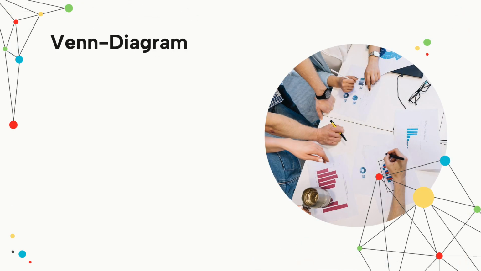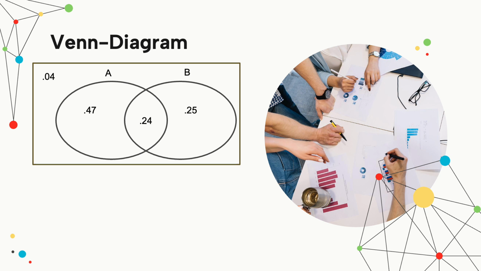This first example is from a Venn diagram. Say we were given these values: the probability of A only, both, B only, and then there's neither. Our question would be the probability of A or B. Instead of doing all of A and then all of B and then subtracting the middle 0.24 value, you just add each part individually.